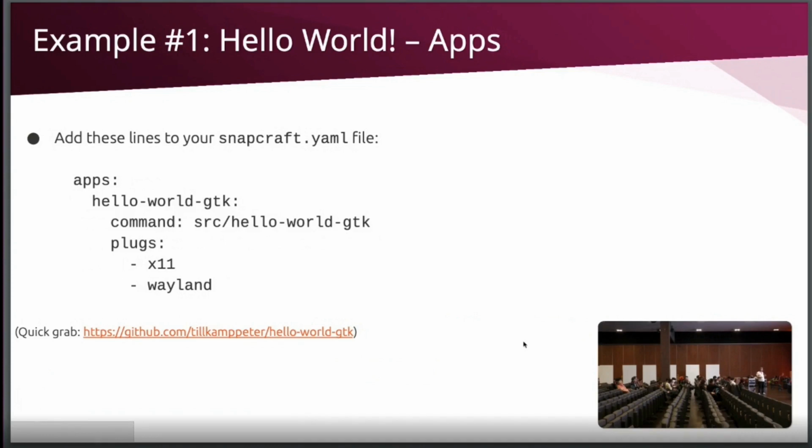It tells that we want to start /src/hello work GTK, and that this one is under the name Hello World GTK, so that when you have more than one app in one snap, you have a name with which you can select which application you want to start.